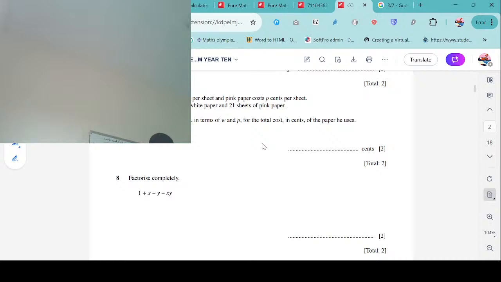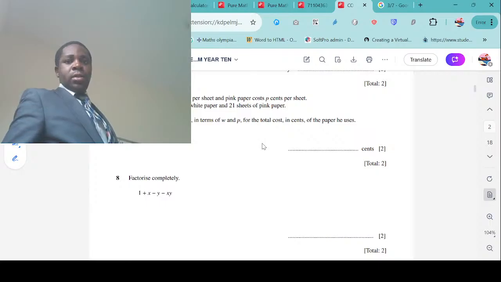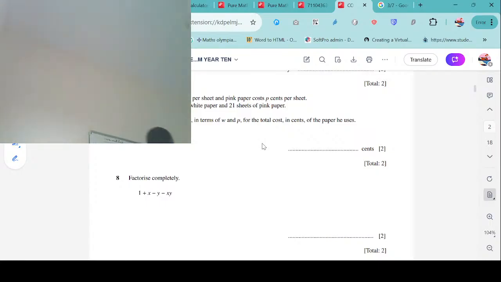So the cost of white paper is W cents per sheet. And the second question says, ink paper costs P cents per sheet. So the cost of ink paper is P cents per sheet.